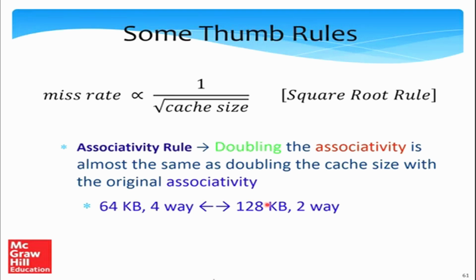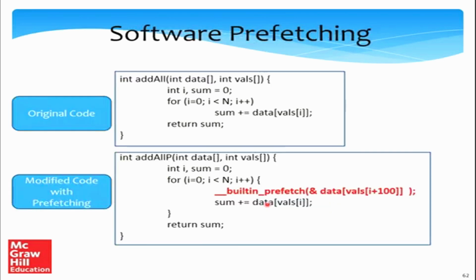Let's now move to the next slide, where we will look at what is called software prefetching. There are two kinds of prefetching algorithms: software prefetching and hardware prefetching. In hardware prefetching, we have a hardware circuit that looks at the memory accesses, tries to guess what we'll access in future, and fetches that from the lower levels of the memory system.